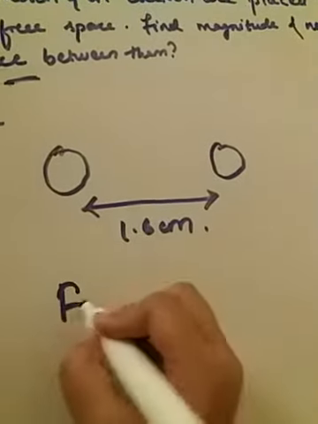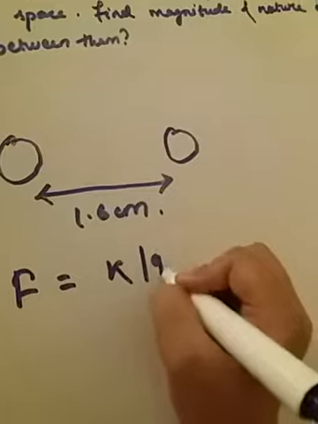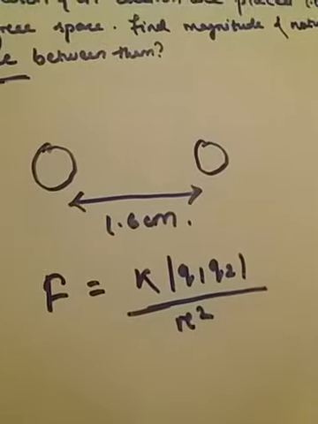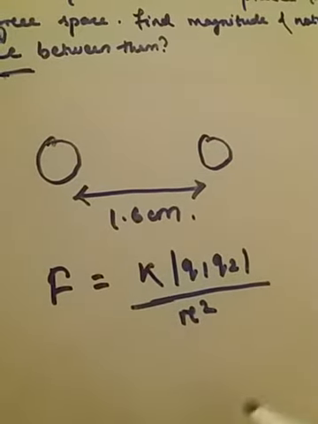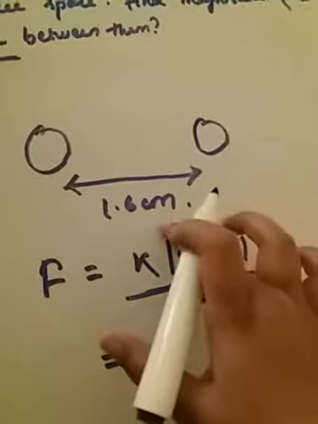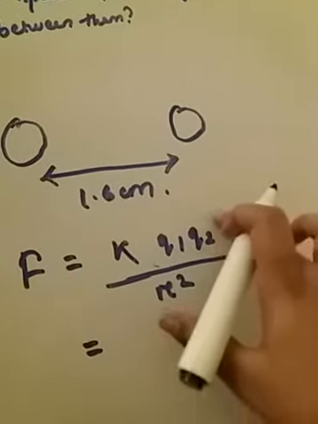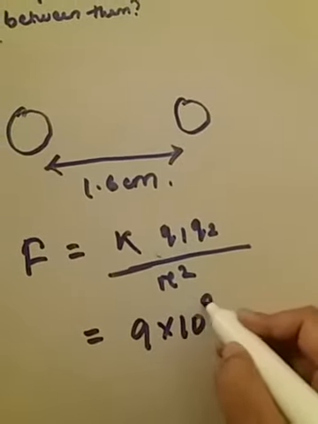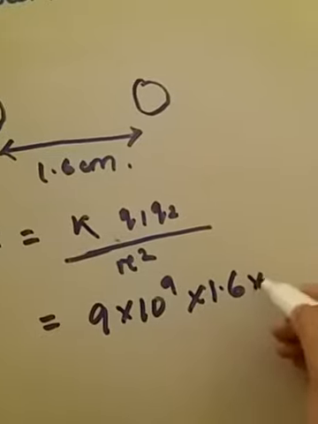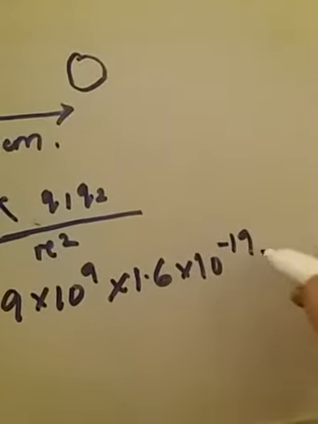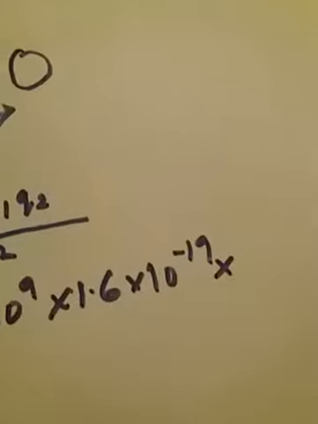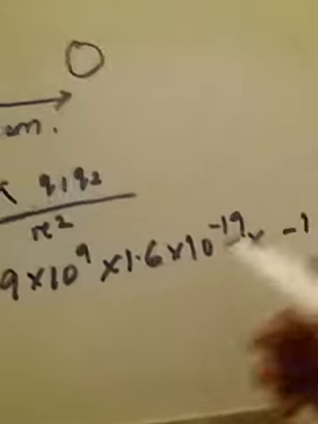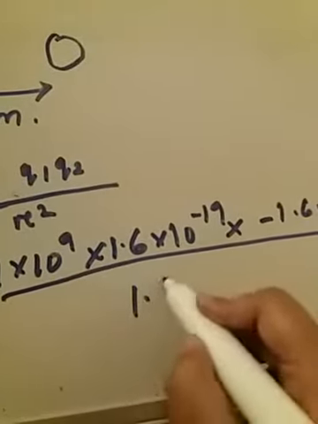So we will see force. What is the force formula? K Q1 Q2 by R square. So this is our formula. It's better to write it like this: K's value is 9 into 10 to the power 9, into 1.6 into 10 to the power minus 19 for the proton, and for the electron it is minus 1.6 into 10 to the power minus 19, and r square is 1.6 centimeter.